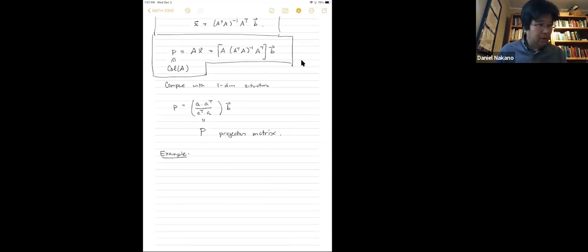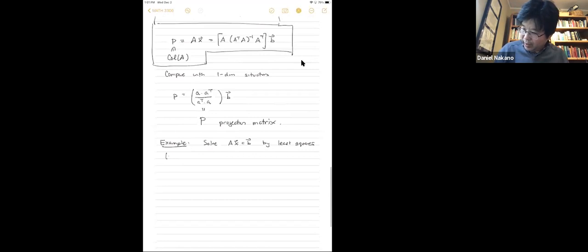Okay, so the problem is to solve AX equals B by what are called least squares. Least squares is this method that I mentioned before, i.e. use the formulas above.